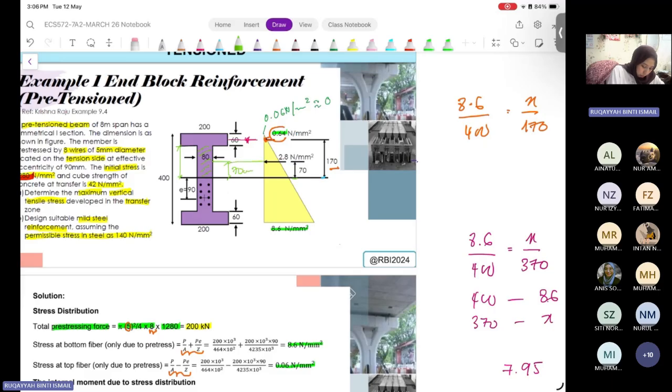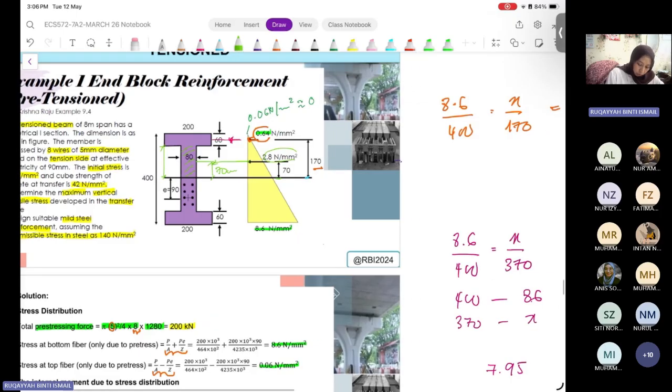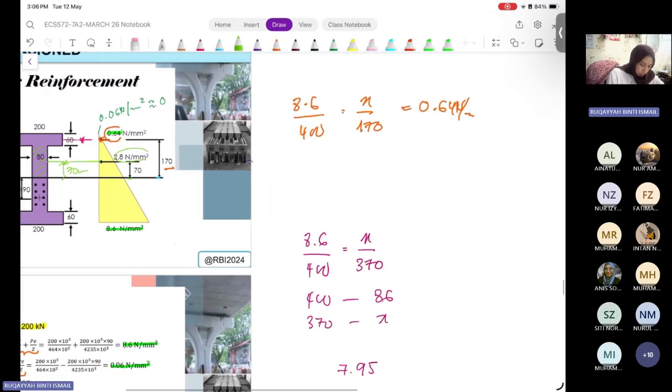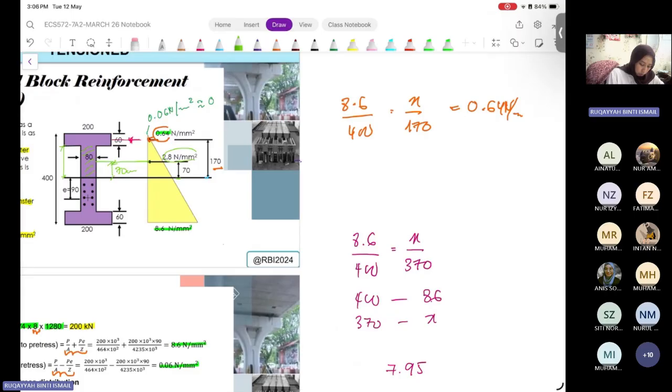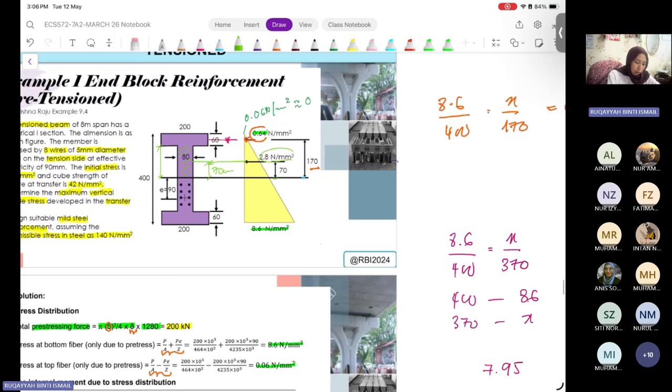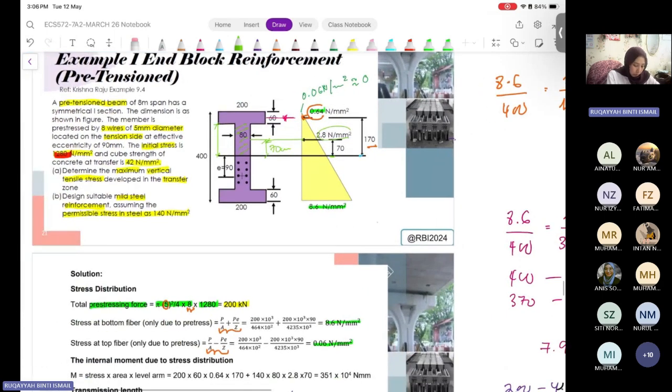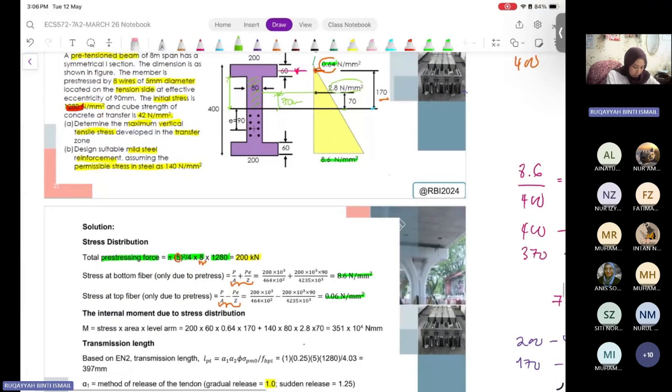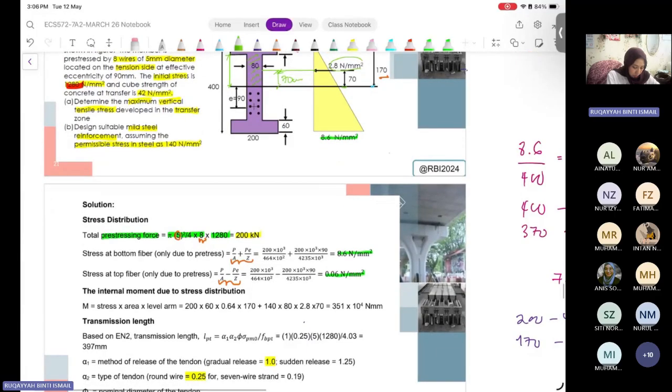Half of this point will be contributed by these stresses when you do the interpolation. So you can estimate the distance from down to up, and also use the triangle interpolation to get the stresses at that particular position. Is everyone clear?